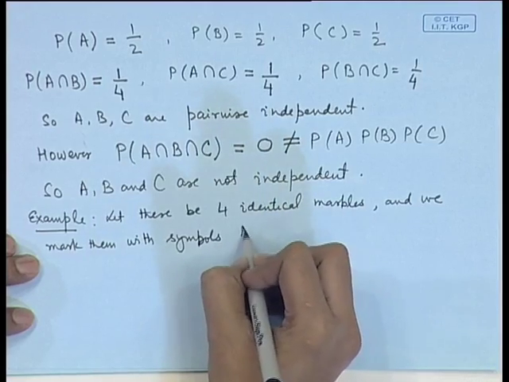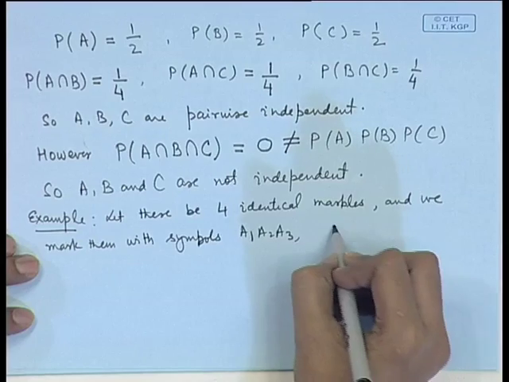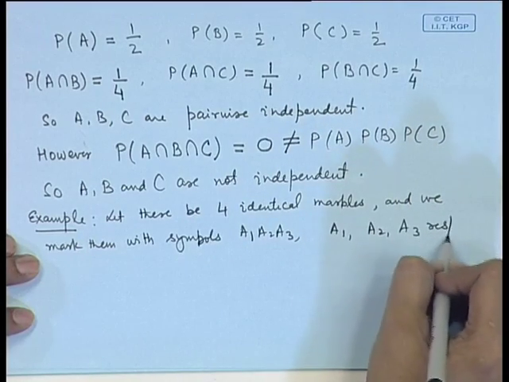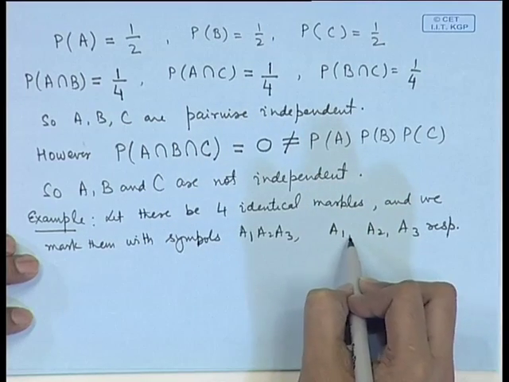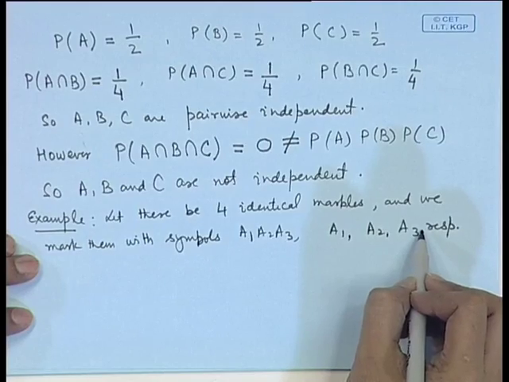That means, on the first marble we mark A 1, A 2, A 3, on the second one we put A 1, the third one we put A 2 and the fourth one we put A 3.